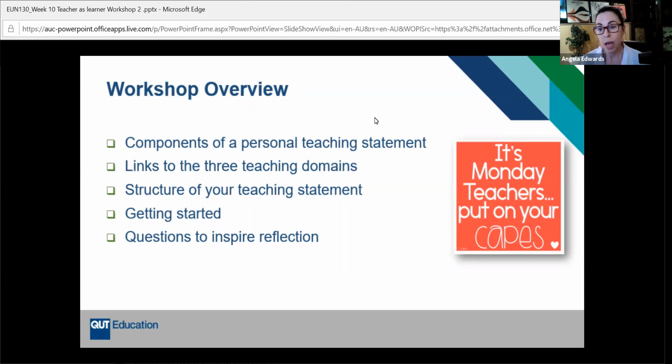So in this workshop, we're going to be looking at the essential components of your personal teaching statement, how to link to the 3 professional domains of the professional teaching standards, structuring of your teaching statement, some tips on how to get started, how to start thinking about reflection, and also some questions to inspire reflection as well.